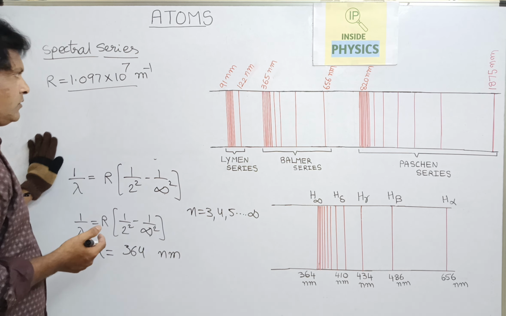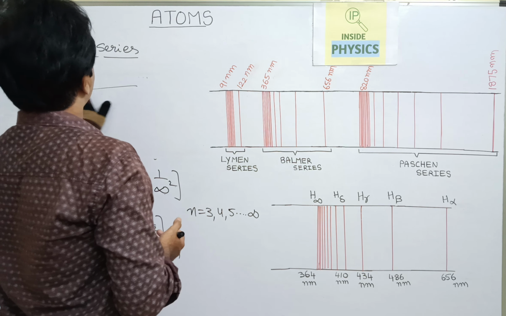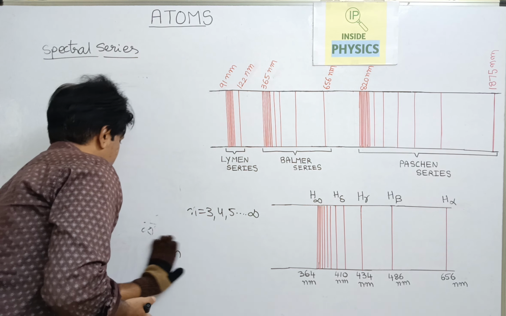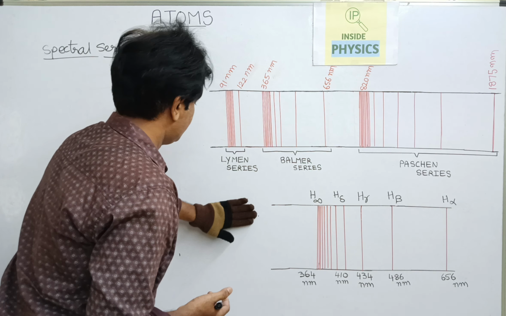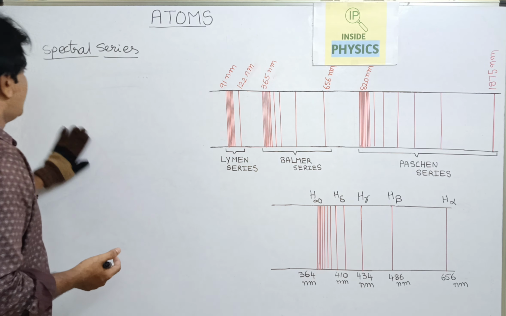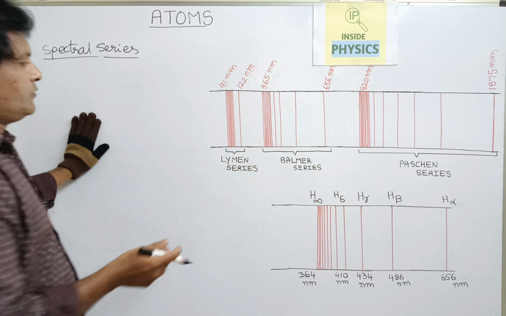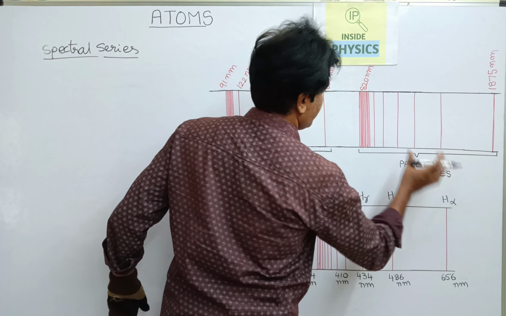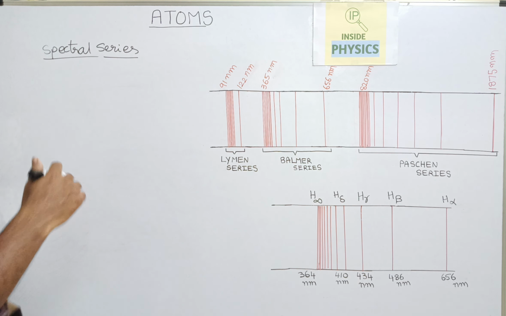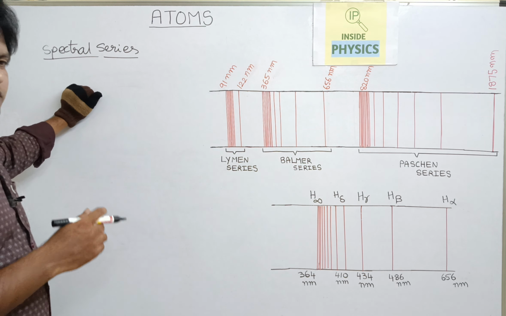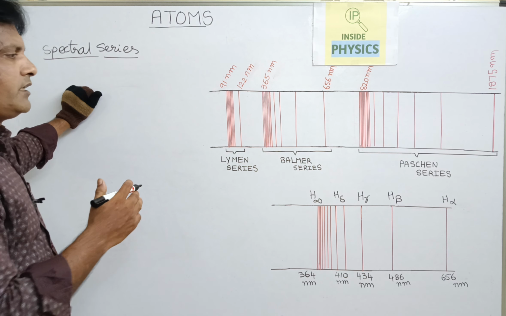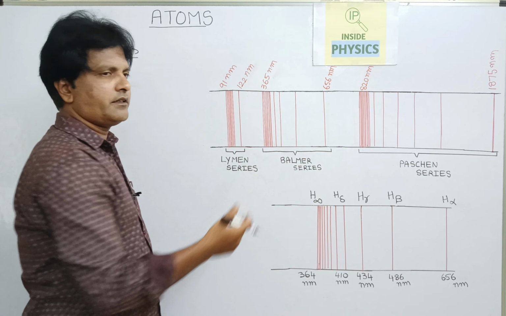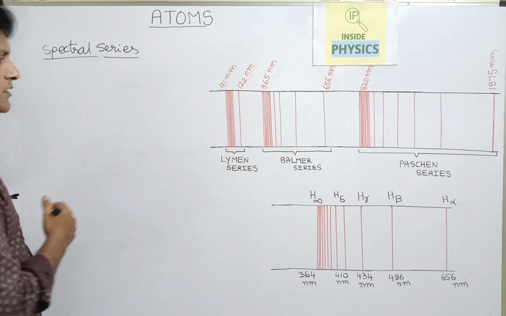Okay, the other series, I have written here: Lyman series, second one Balmer, Paschen series. The other series were found by respective scientists, and the series were named after their discoverers.